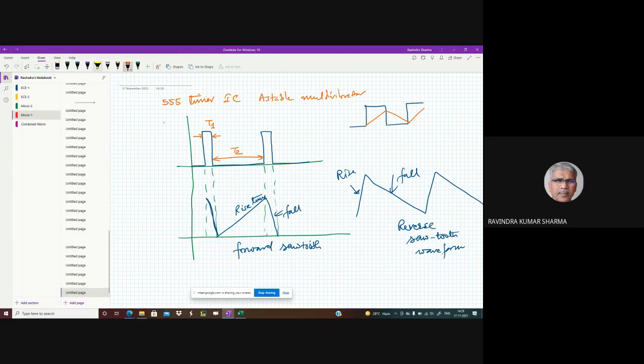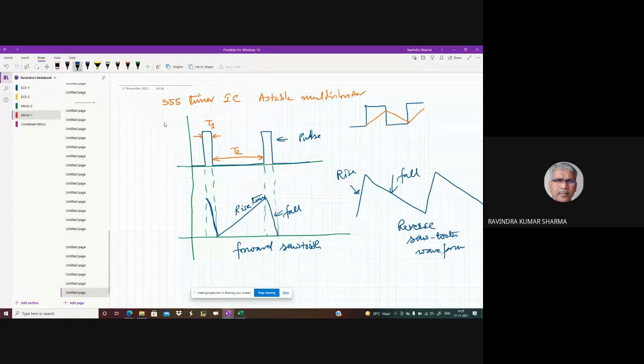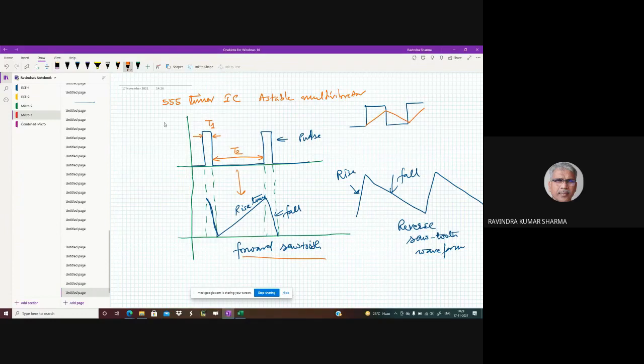We have seen just now the pulse, or the rectangular wave, which has T1 and T2 not equal. And if this is fed to an integrator, then it results obviously in a waveform which has different rise time and fall time and can be named as forward sawtooth or reverse sawtooth.